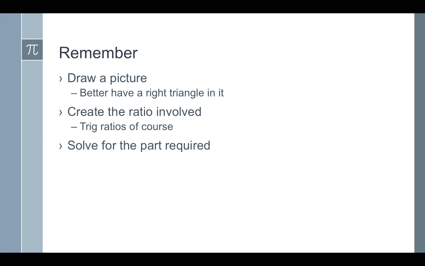A lot of the times it's tangent, but that's not always the case. And then I went to solving the part that was required. So you have to read the question very carefully, make sure you know what it's trying to ask you, and make sure you answer the question that's being asked. Don't just stop because you think you have the answer.